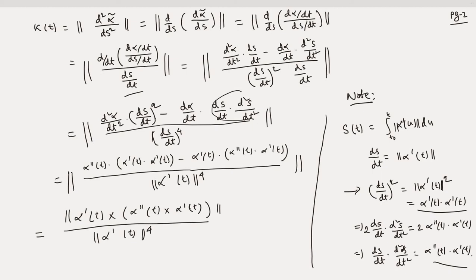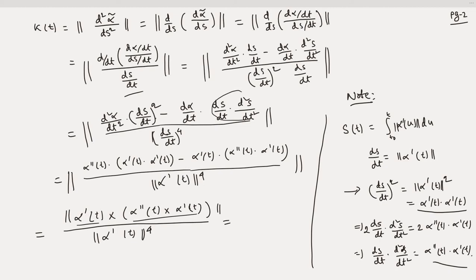And you know, alpha prime of t is perpendicular to alpha double prime of t cross product with alpha prime of t, so these are perpendicular. Therefore theta is equal to 90 degrees and sin theta is equal to 1.